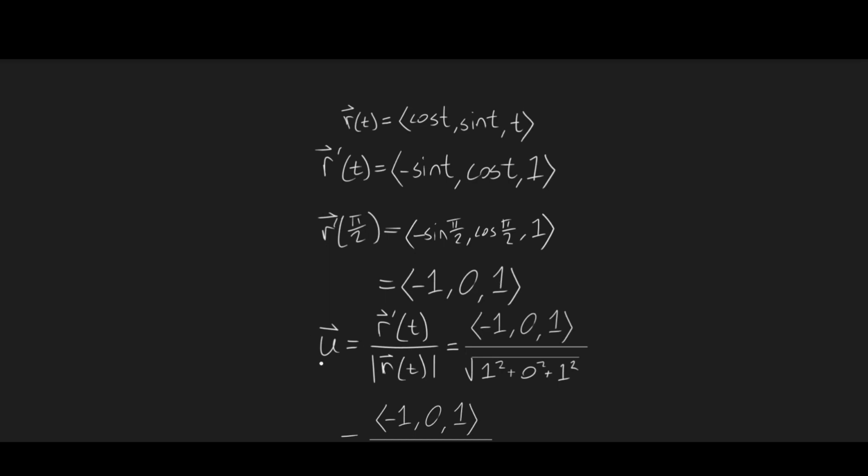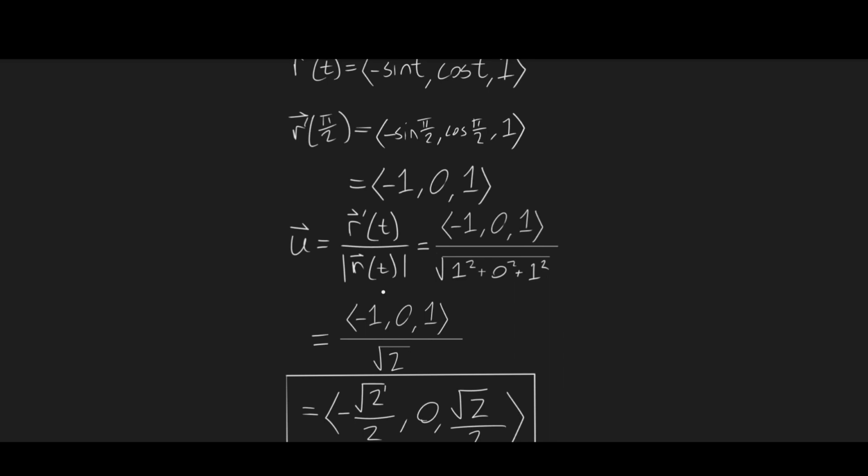Now to get the unit tangent vector, we need to divide this vector by its magnitude. By dividing the vector by its magnitude, we're essentially getting a unit vector. So that's what we do here. And we get the tangent vector on the top, and on the denominator, we have the square root of 1 squared plus 0 squared plus 1 squared, which is the components squared.